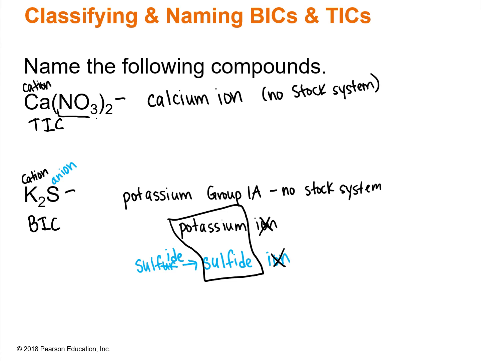Then you have to go to that polyatomic ion sheet and look up NO3. And what you'll find is that is the nitrate ion.